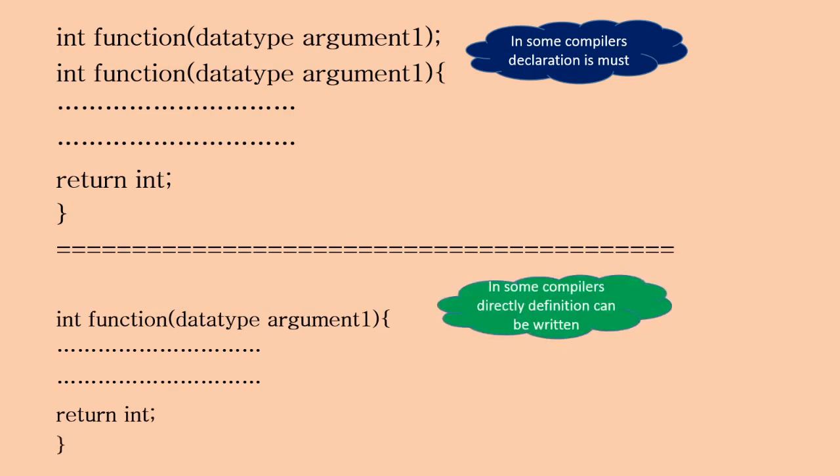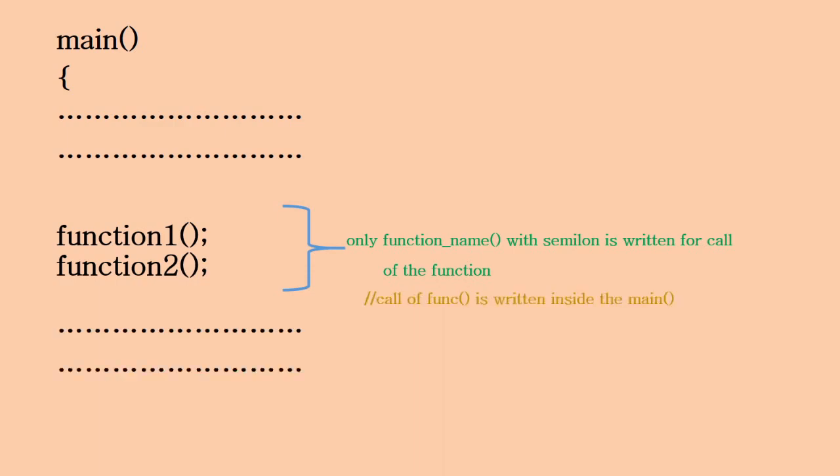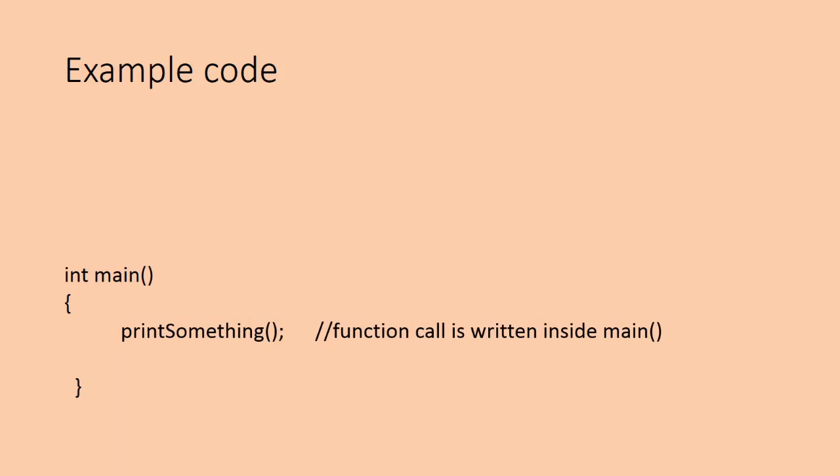Directly the definition can be written. Inside the main function we call the user-defined function, that is only the function name with a semicolon is written, so that is regarded as the call of a function and it is written inside the main function.